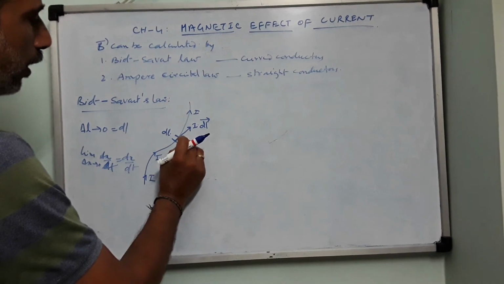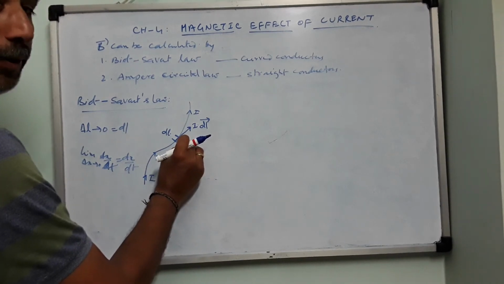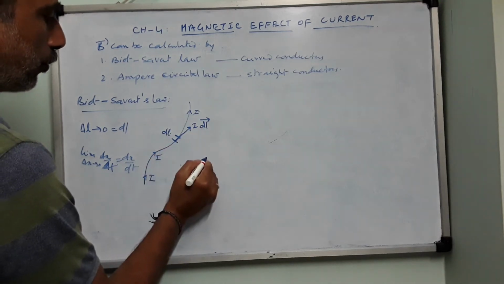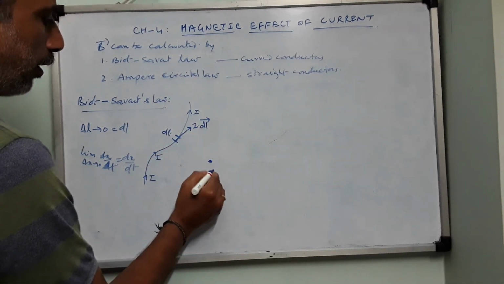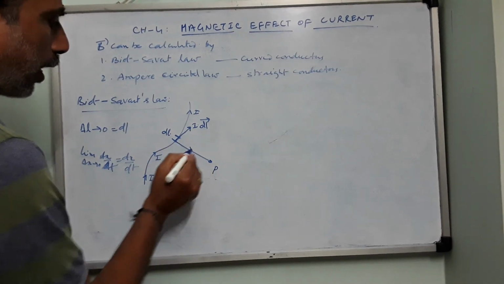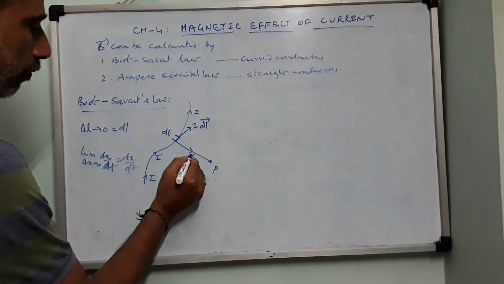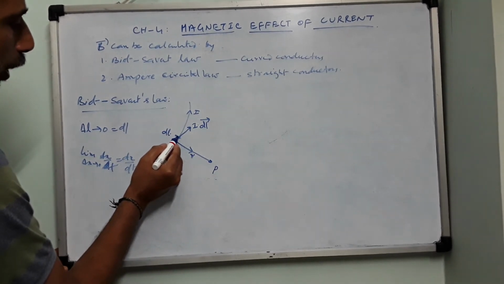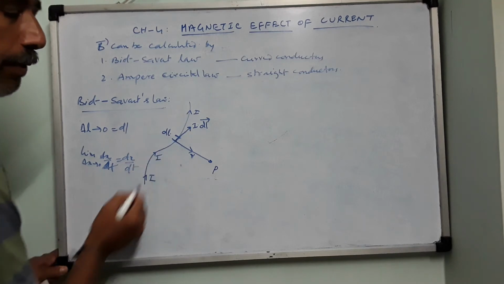Due to such a small element of current, according to Oersted's observation, there must be a magnetic field. So I consider a point here, let me call it P, at a distance r. Shall I take the distance from this end, or from the middle?